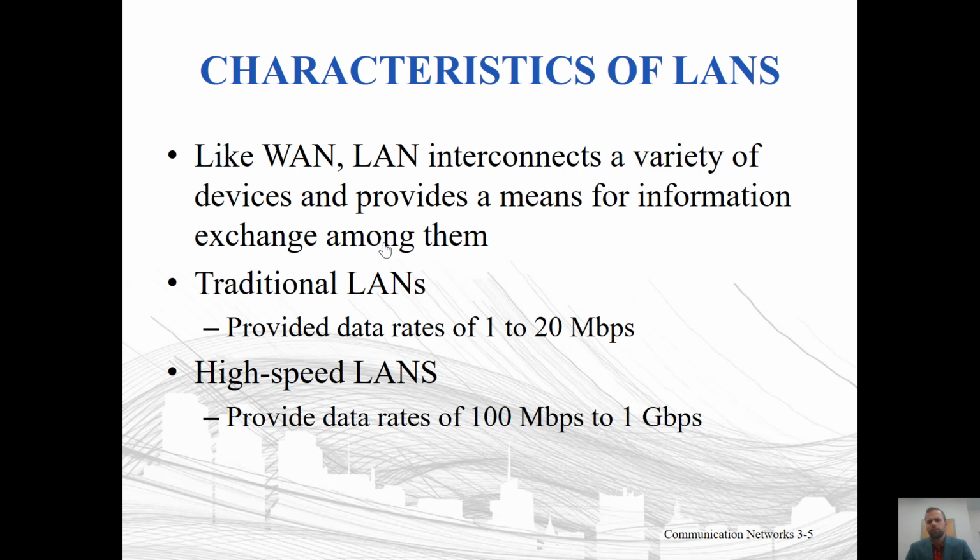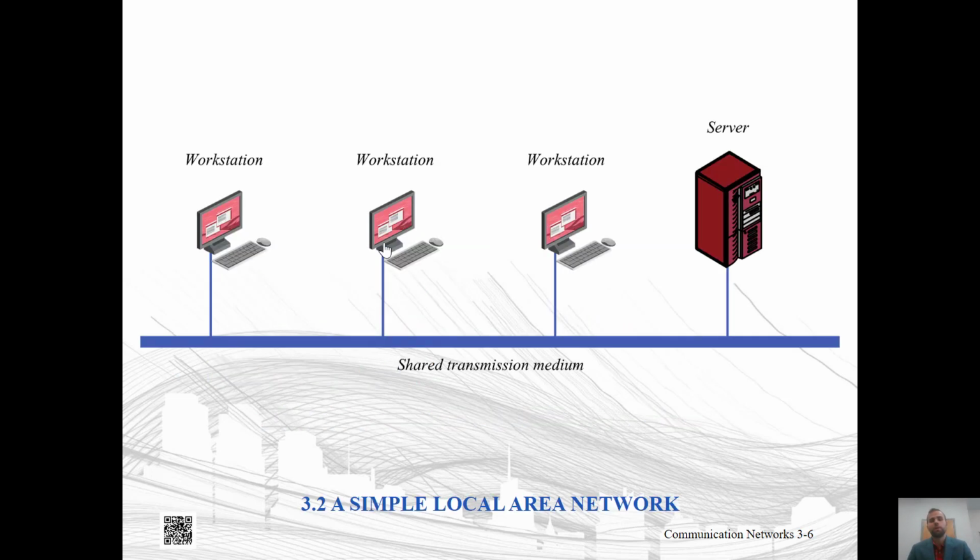So let's shift over to LANs. Like a wide area network, a local area network interconnects a variety of devices and provides a means for information exchange among them. Traditional LANs, as you saw from that chart, provide data rates on the order of 1 to 20 megabits per second, whereas the higher speed LANs can get up from 100 megabits to 1 gigabit per second.